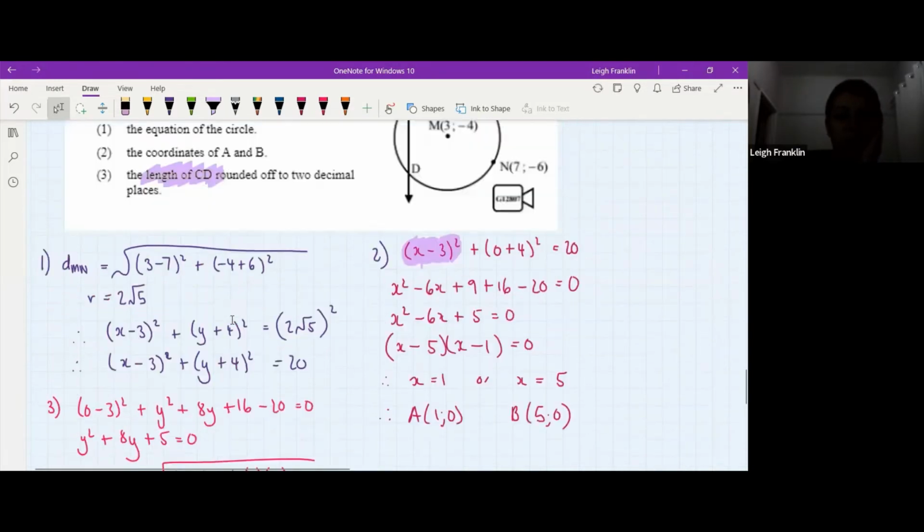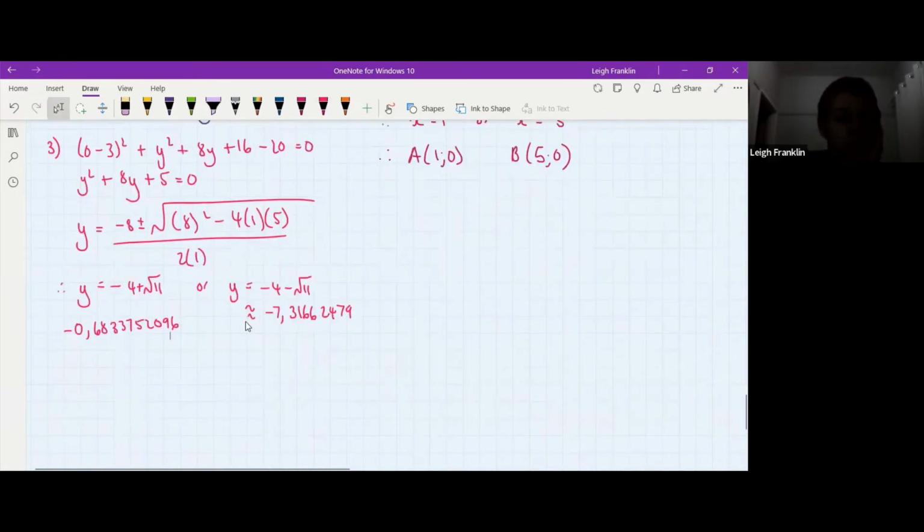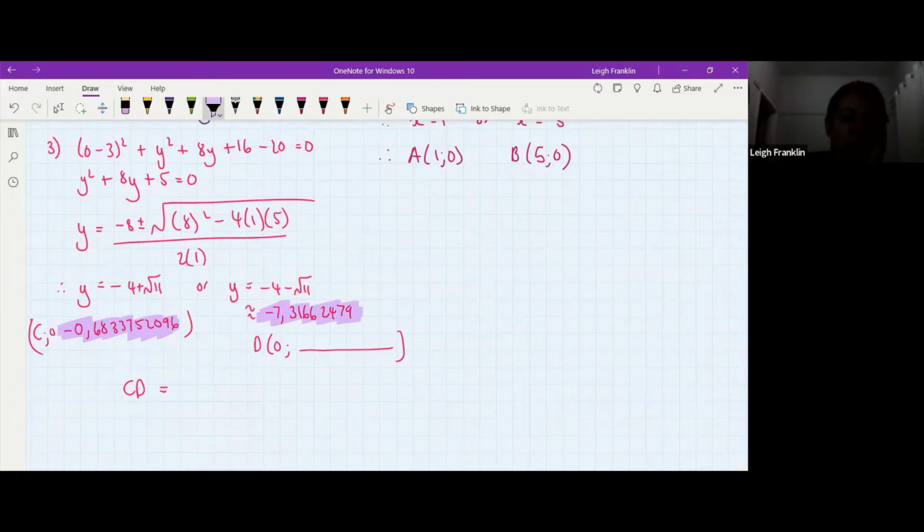So that means that this has to be C, that would have to be the coordinate at C, and this would have to be the coordinate at D. So then the length of CD would be the one value minus the other value, rounded to 2 decimal places.